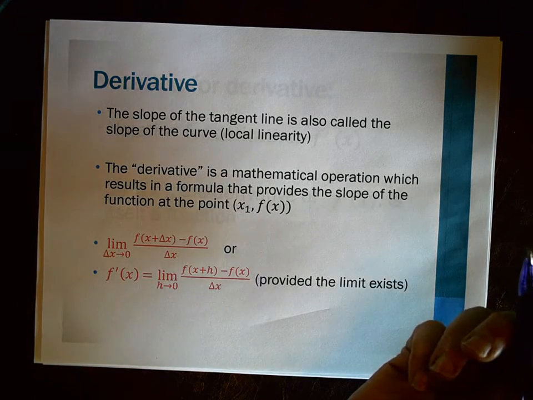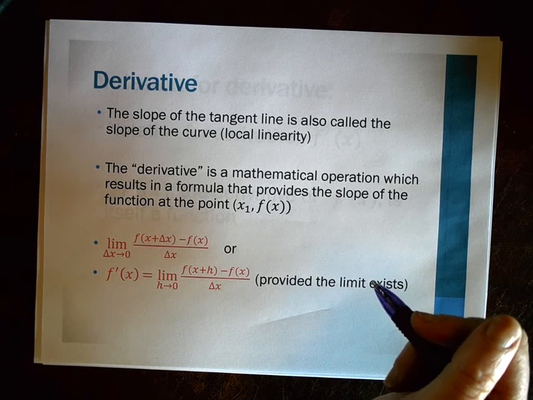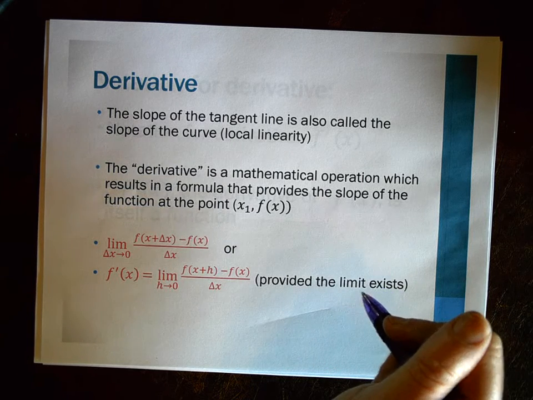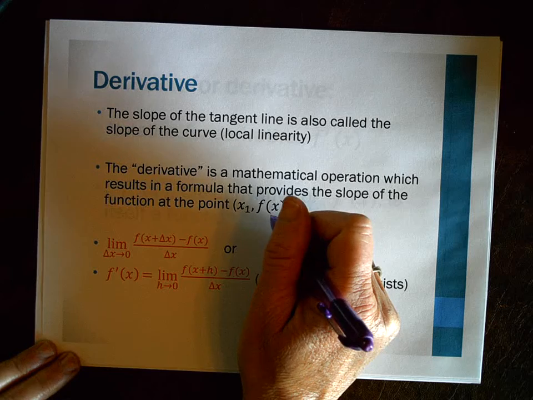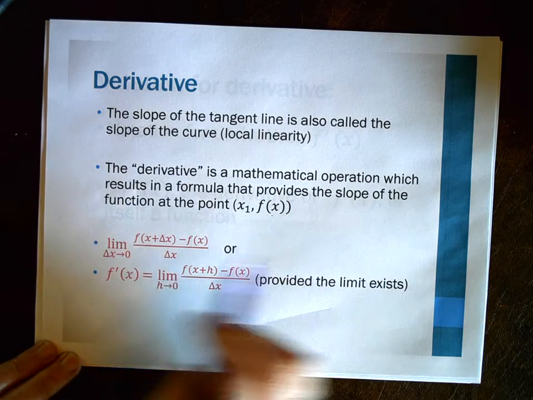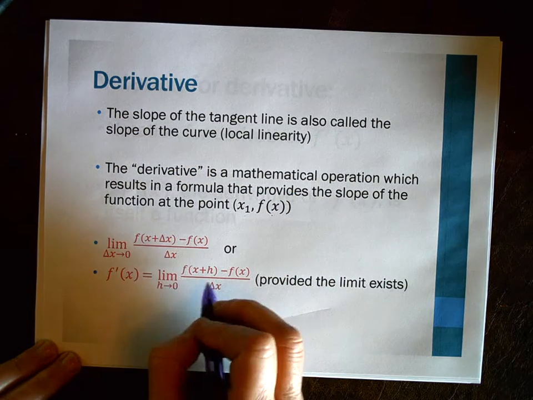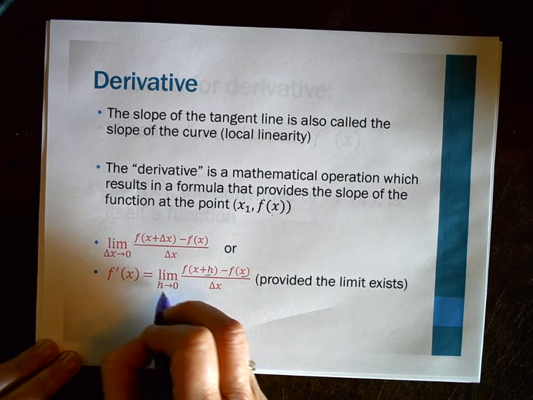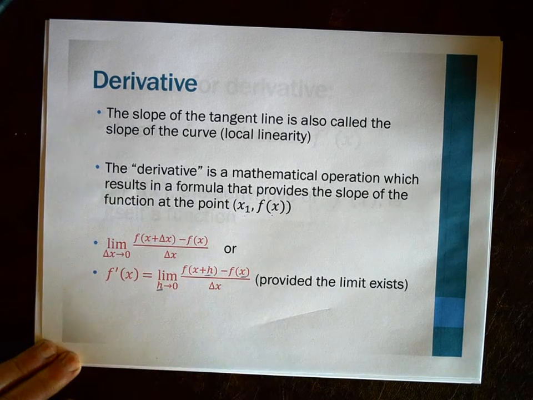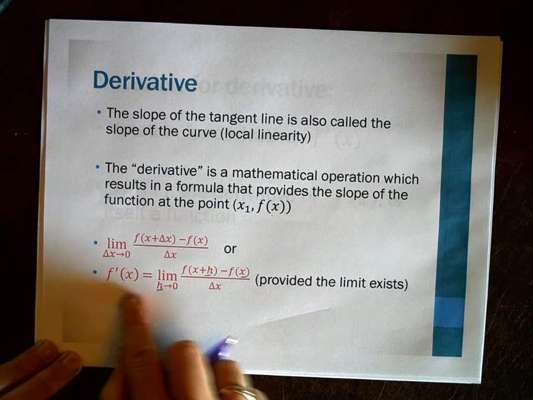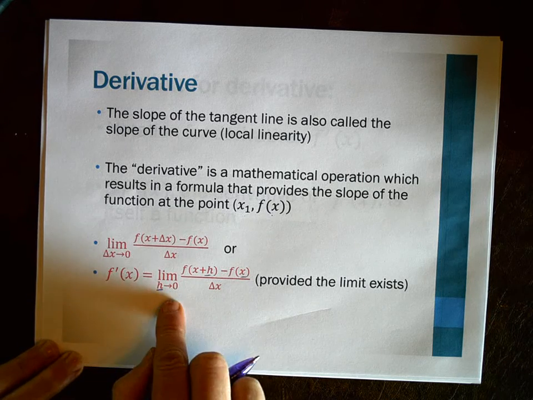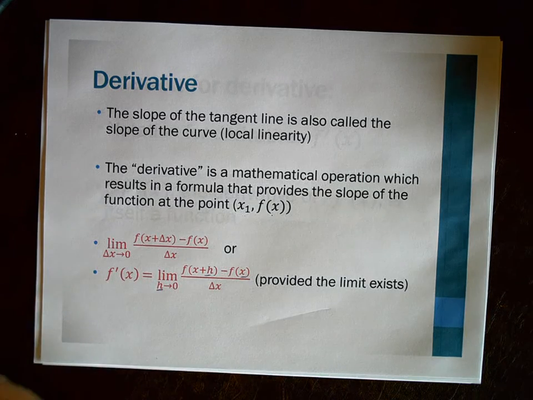So a derivative is a mathematical operation which results in a formula that provides the slope of a function. You'll see it written like this, or a lot of times they like to use h's instead. It means the same thing. You're going to look at the limits: find the equation, simplify it, and at the end plug in 0. So you do direct substitution.